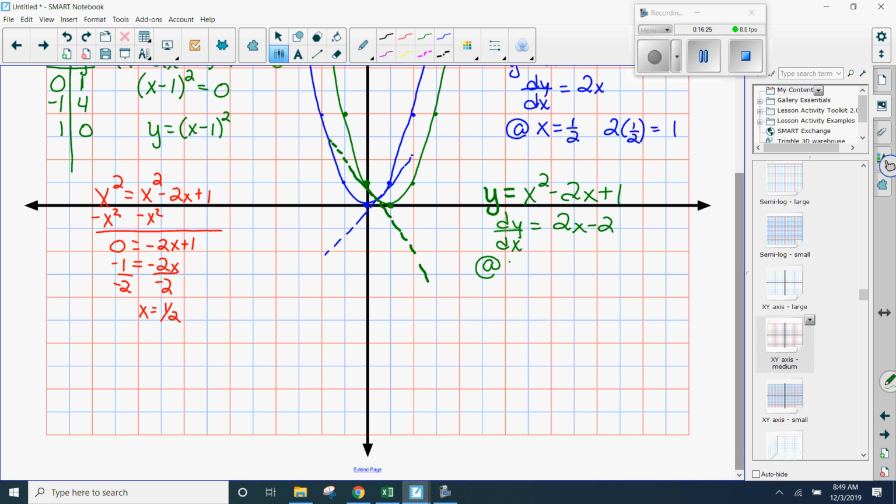At the point where x is equal to 1/2, we are going to get 2 times 1/2 minus 2. What's 2 times 1/2? Number times its reciprocal is 1, and your slope is -1. Since your slopes are negative reciprocals, what's that tell you about those two lines? Two tangent lines. They intersect at right angles.